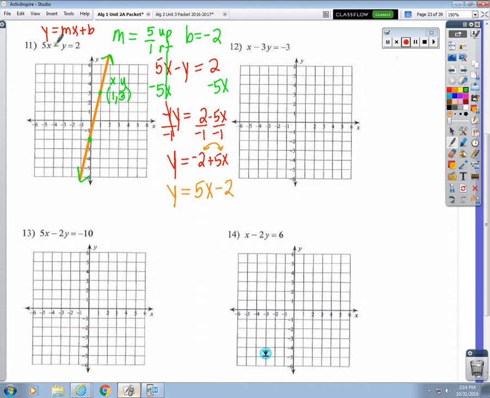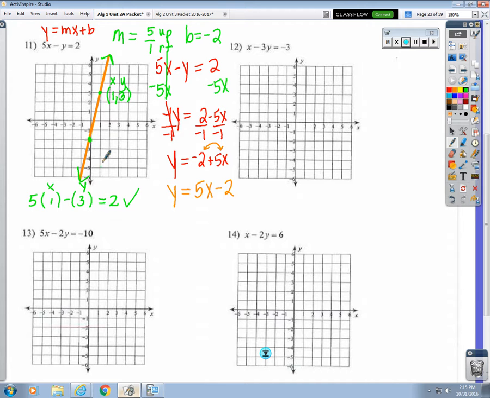So now I bring down this equation, 5x minus y equals 2. But in the x place, I'm going to put a 1. In the y place, I'm going to put a 3. What's 5 times 1? What's 5 minus 3? See how that point worked? It actually made a true statement. Any point on this line would make a true statement.